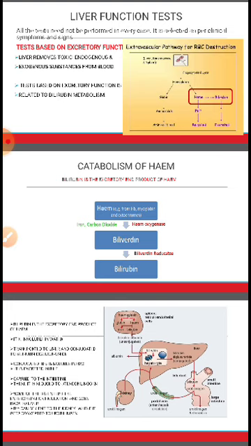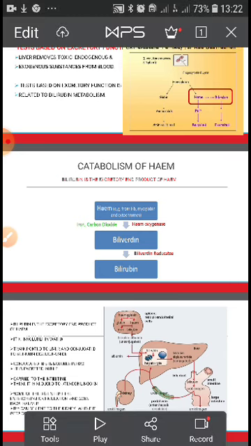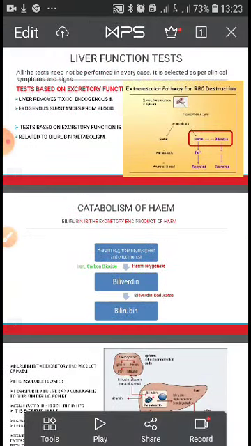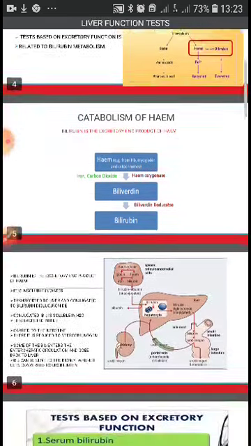The liver is capable of removing toxic endogenous and exogenous substances from the blood. And the test based on excretory function is related to bilirubin metabolism. As you know, bilirubin is the end product of heme catabolism.